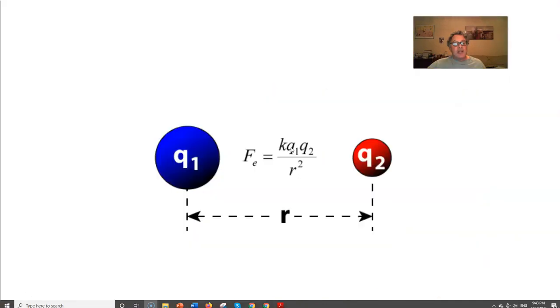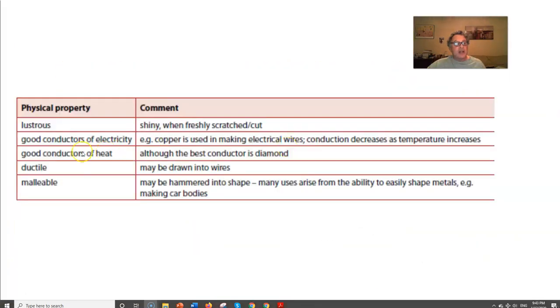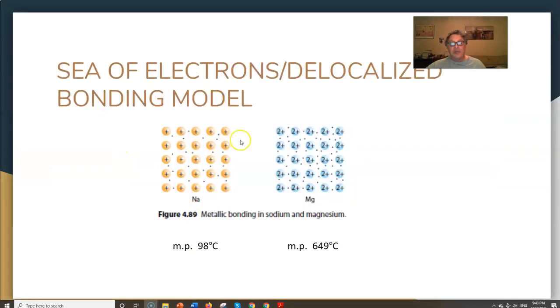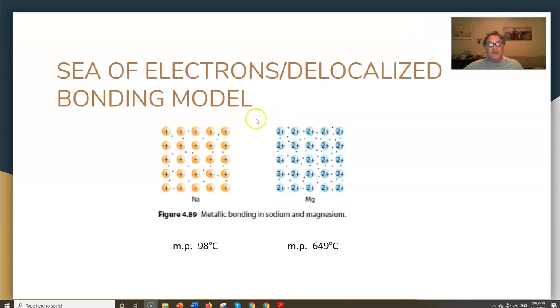Metals are also good conductors of heat, again for similar reasons. So the point is that this simple delocalized sea of electrons model can explain a lot of the different properties that we observe for metals that are unique to metals.